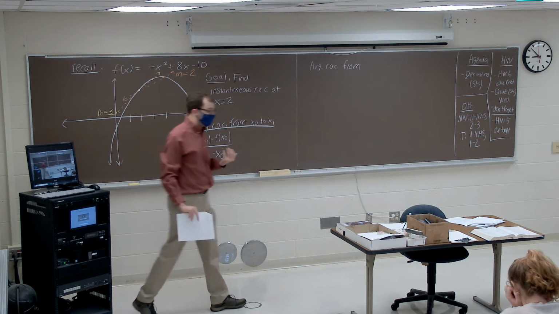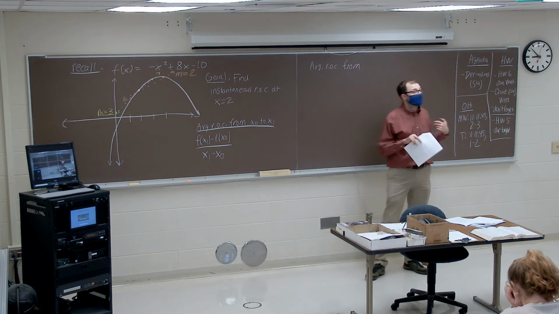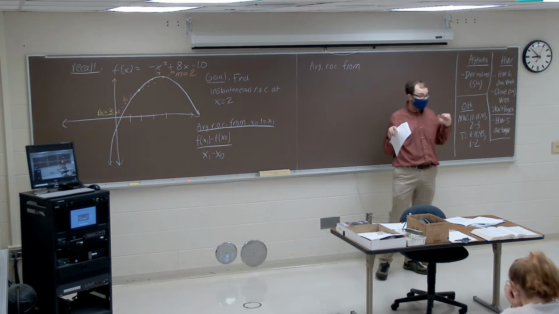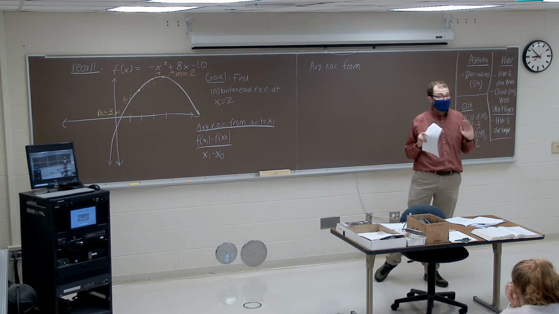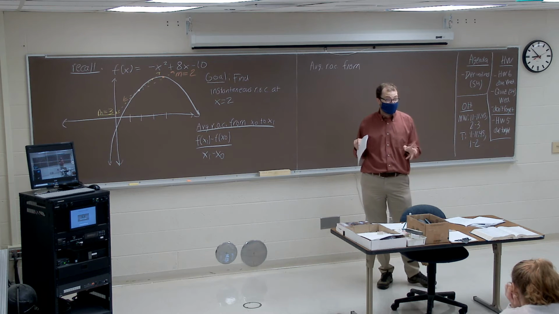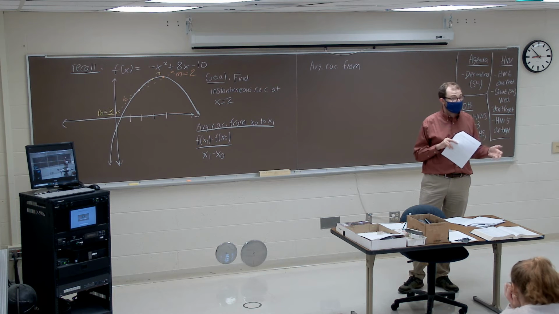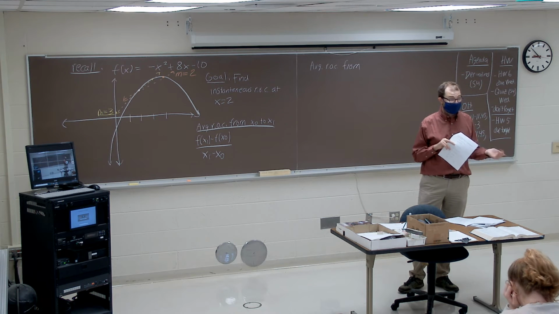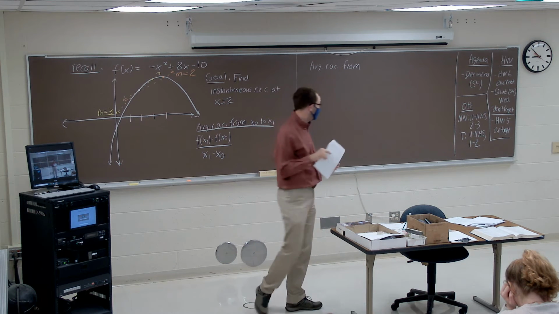You all proposed last week that we look at average rate of change from x equals 2 to 2.1, from x equals 2 to 2.01, and basically to several points that are very, very close to 2, and use that to approximate instantaneous rate of change at 2.